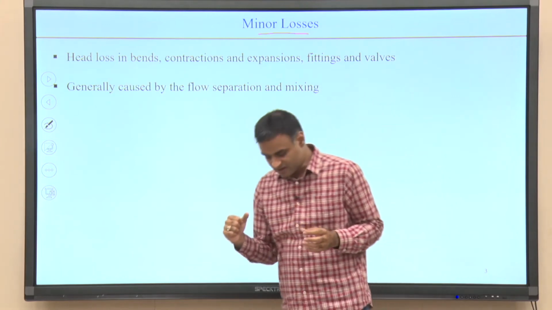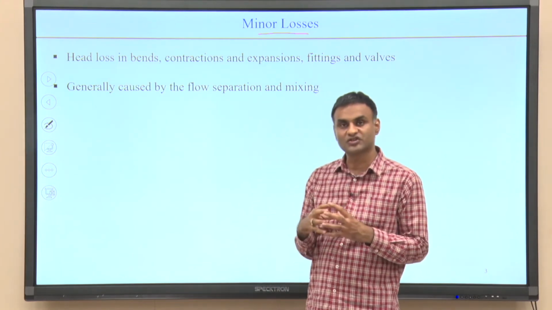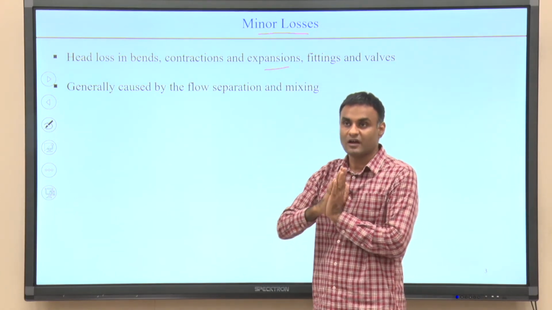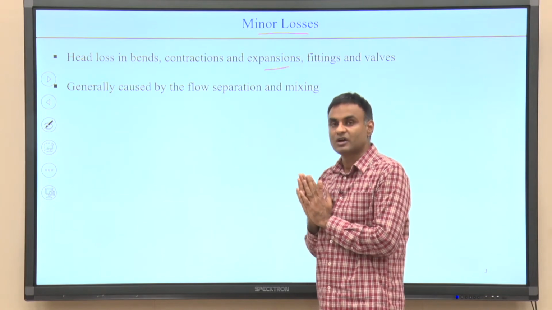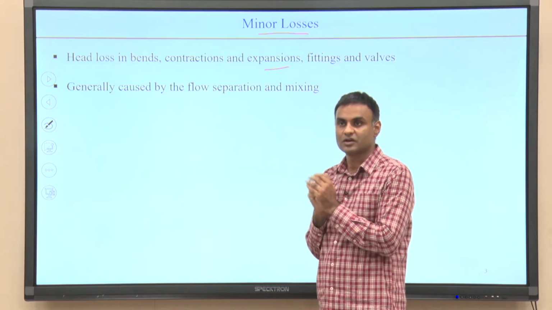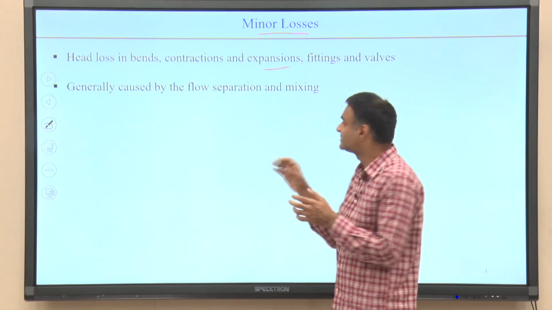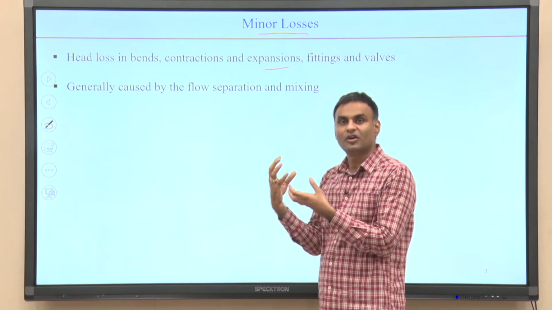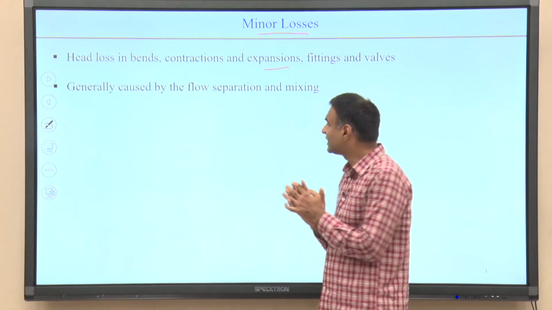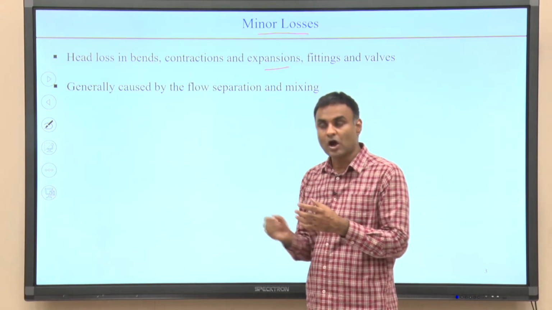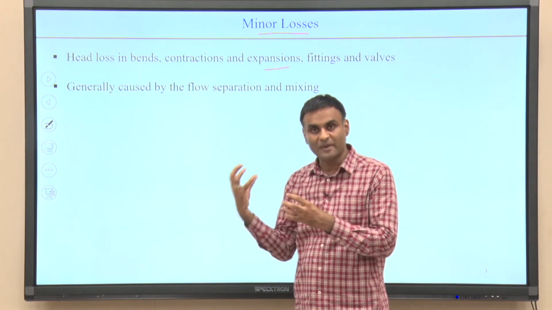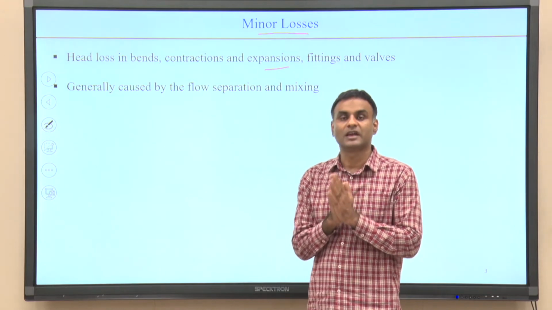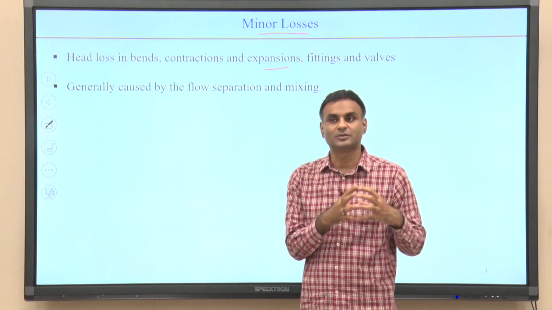The losses caused here come from flow expanding or contracting, bends, and valves where the geometry inside might be complicated. All that might cause flow separation, some mixing, and may have secondary flows. All those combined can cause irreversible loss in pressure.